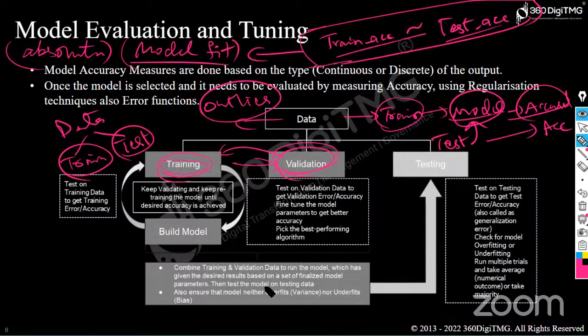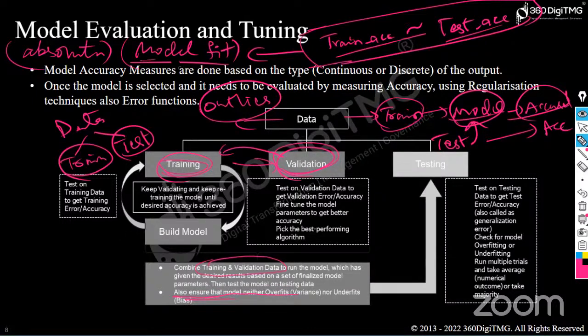So to find the best performing algorithm, we use validation on the data. We run the train data and the validation data on the model and get the prediction. It also ensures that the model neither overfits nor underfits.